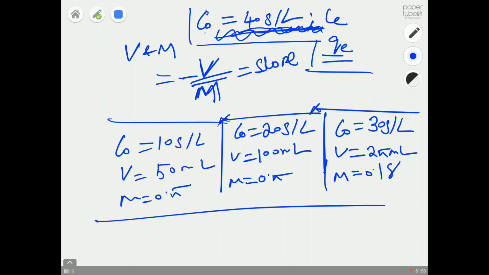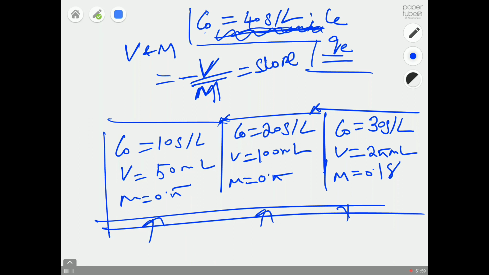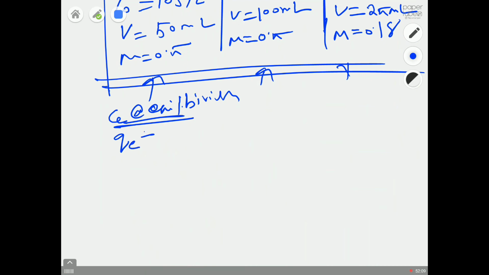Irrespective of these conditions, you can still calculate for each experiment the equilibrium concentration and the amount adsorbed at equilibrium: the CE, QE values. It's very easy.